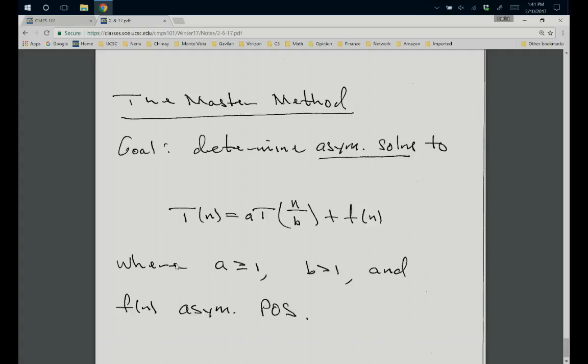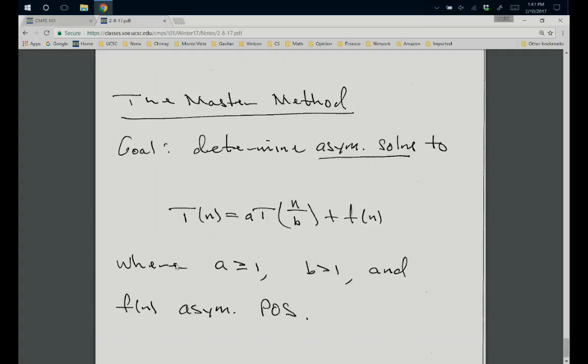And the winner must win by a polynomial factor. The factor being n to the power epsilon.